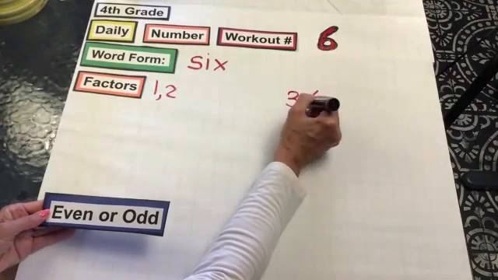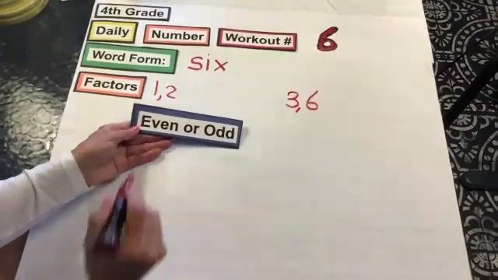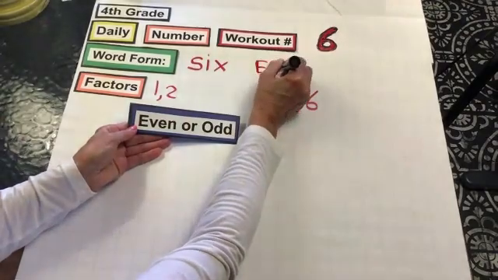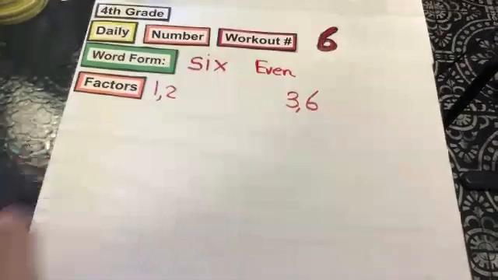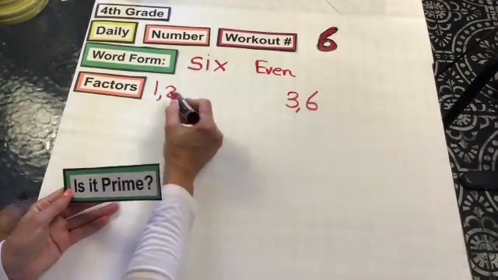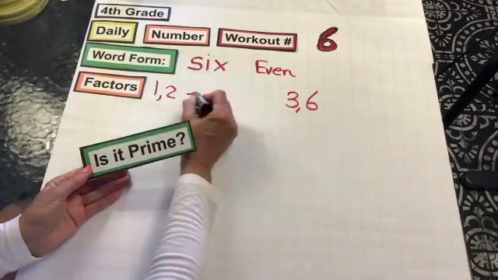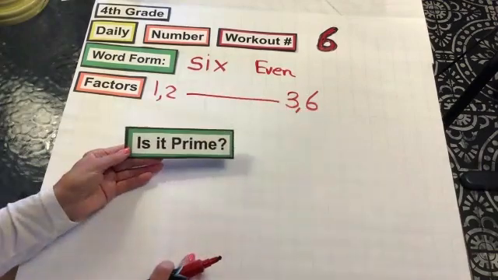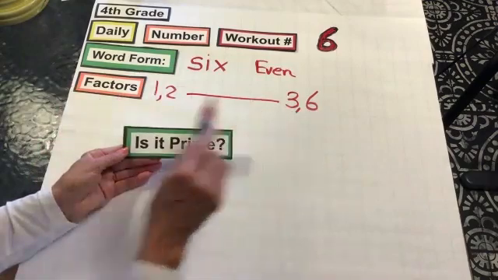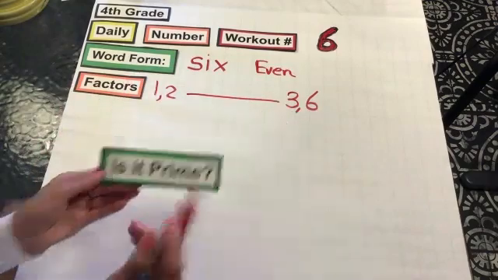And since 2 goes in, we know it's an even number. So we write up here even. And then we ask ourselves if it's prime, and there's no other numbers between 2 and 3. So we know that's all the factors that go into 6. And because there's more factors than 1 and itself, it is not prime.